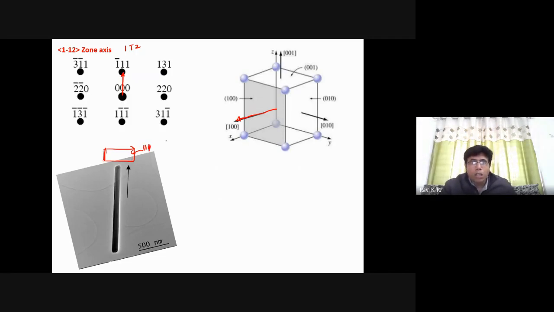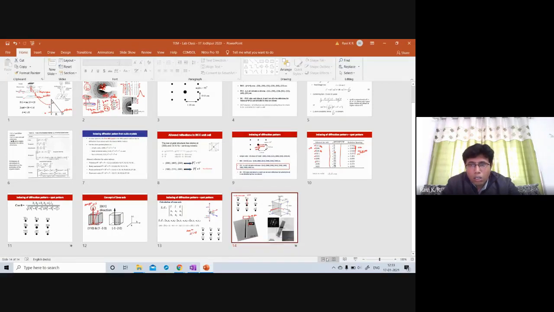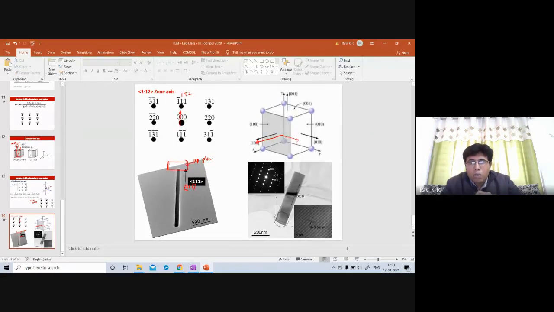You just forget about all these things, family of planes. This is a 111 plane. That means this is actually your 111 direction. To take any plane, you are going to have a similar concept. This is how. Okay, this is what we do.